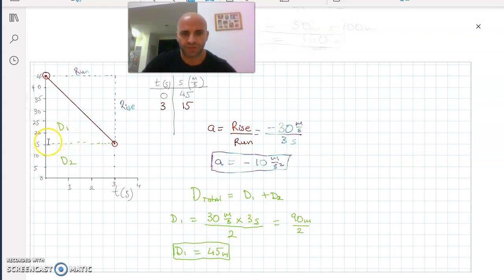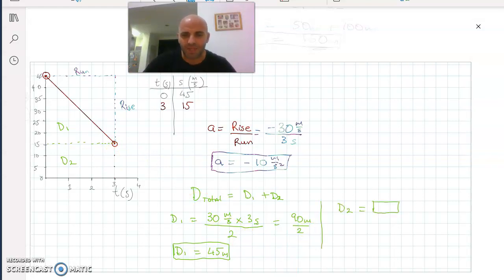If you notice, the difference between 45 and 15 is 30 meters per second. That's where the height of that triangle came from, times the change in time through which it was accelerating, which was the 3 seconds across the base. And that gave me 90 meters on top, divided by 2 because it's a triangle on the bottom, and that gives me distance 1 to be 45 meters.